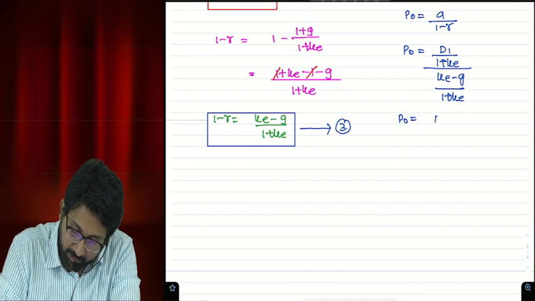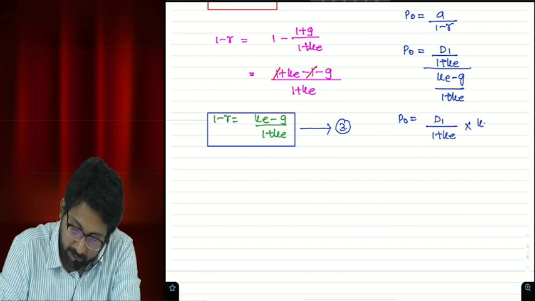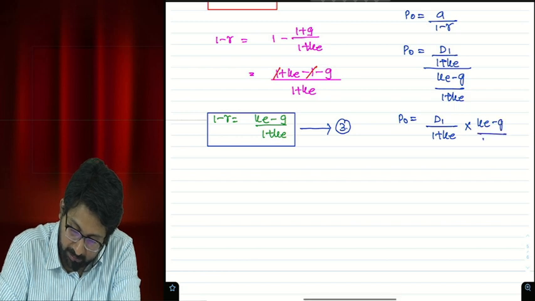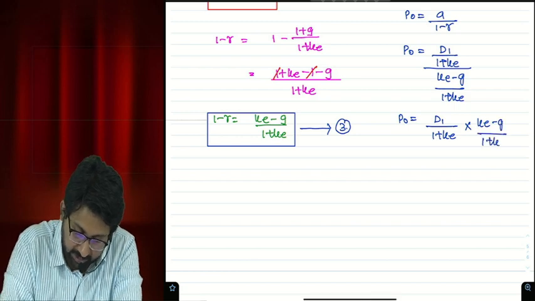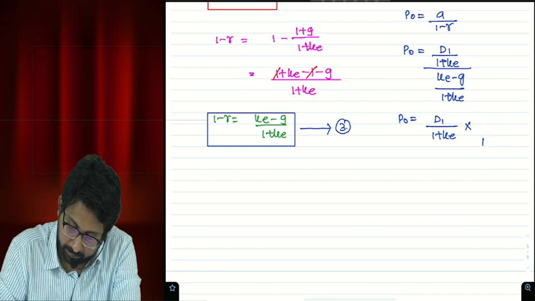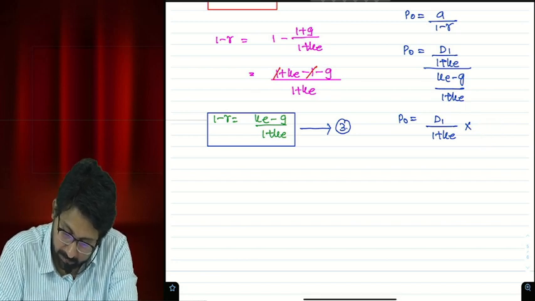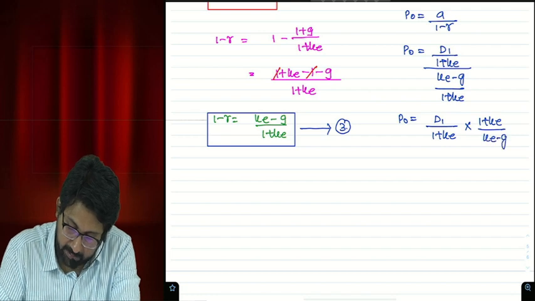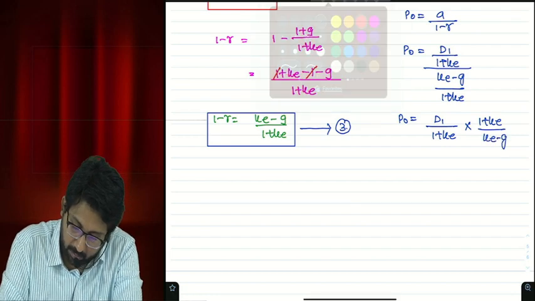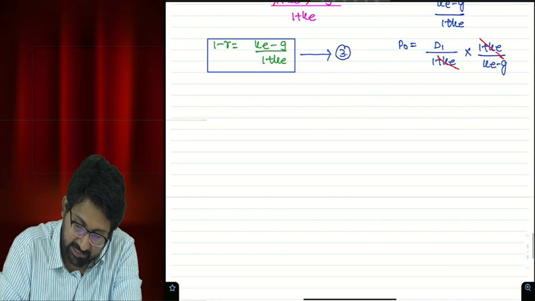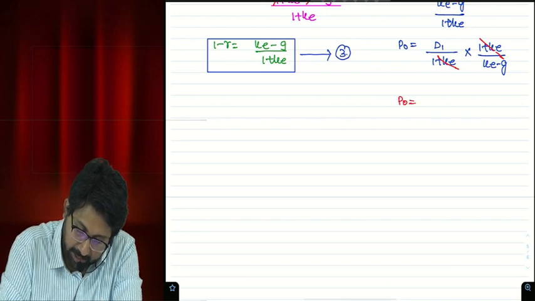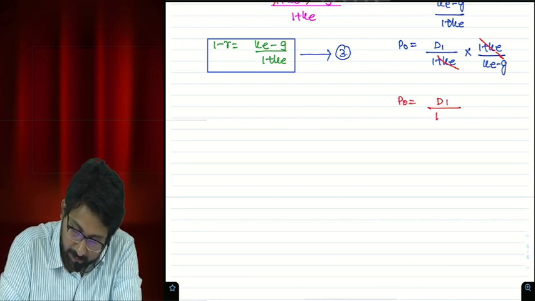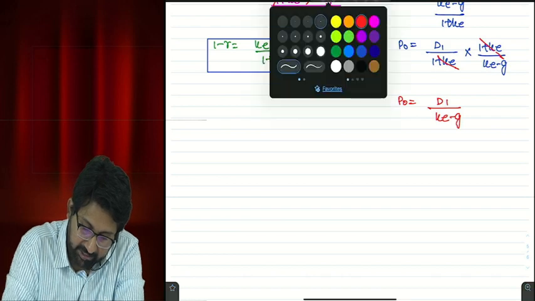P naught equal to d1 by 1 plus ke into 1 plus ke divided by ke minus g. 1 plus ke cancels each other. P naught equal to d1 by ke minus g.